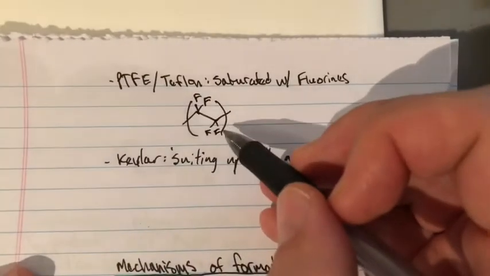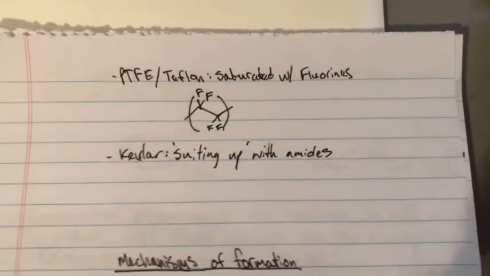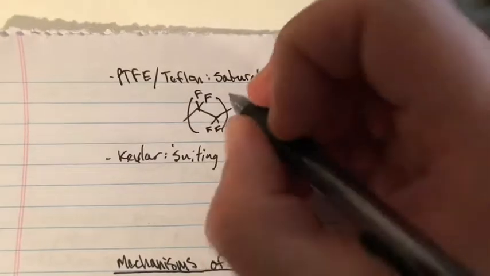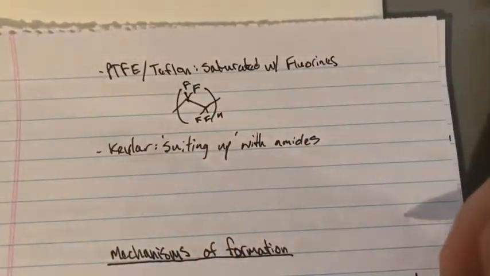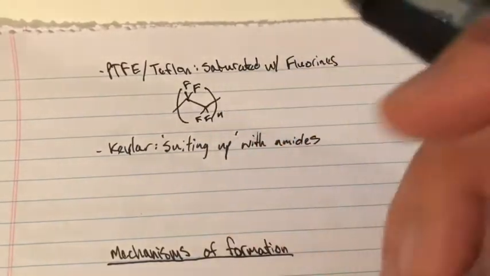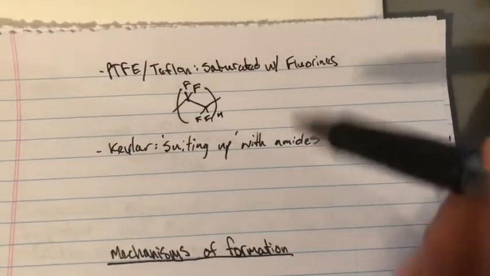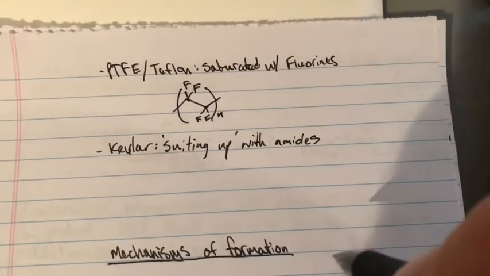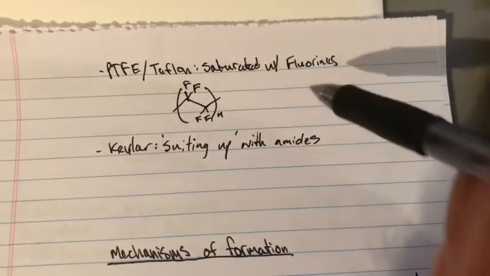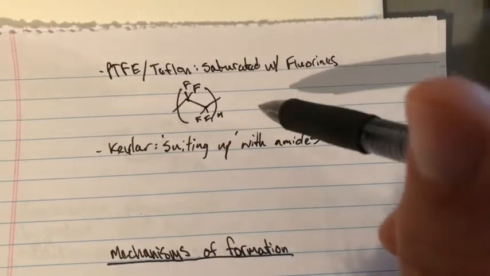Okay, so in other words, you're going to have these electronegative atoms that are really going to be reinforcing this repeating unit. And you see right here, there's really nothing that can break this down. You can have this under very high basic concentration and really not see a change or breakdown in terms of using Teflon types of plastic.